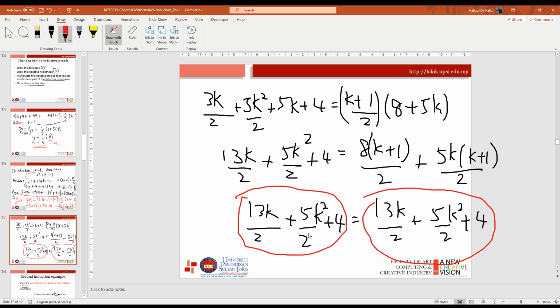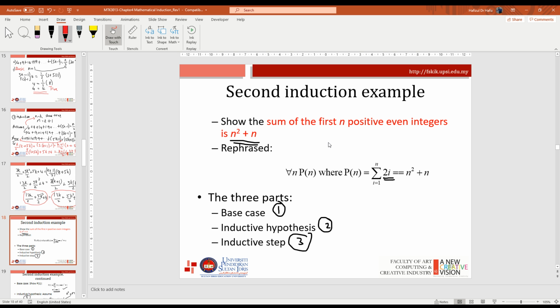Okay, another example to show the sum of the first n positive even integers is n power 2 plus n. We rephrase: for all n, P(n) where P(n) is the sum of 2i is the same as n power of 2 plus n. First, they contain three parts: base case, inductive hypothesis, and then inductive step.